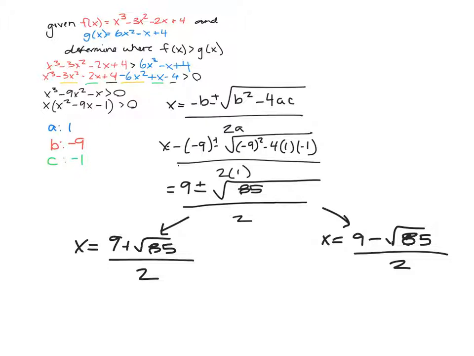Okay, so we now want to solve for x on both sides. Unfortunately, we will have to approximate, but we're going to do the best that we can. So, root 85 is approximately, we'll keep three significant digits, 9.22.